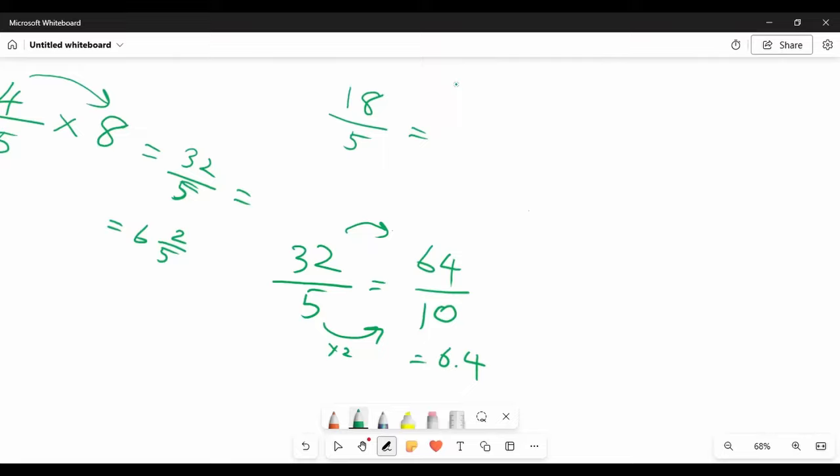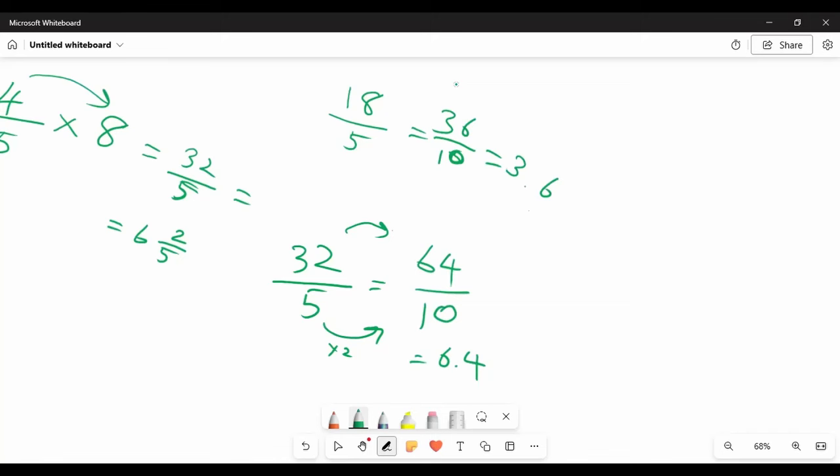If you make the 5 a 10, we have to multiply by 2. So the numerator also should be multiplied by 2, which gives you 36. So technically this becomes 36 divided by 10, which is going to give you the answer 3.6. Got it?